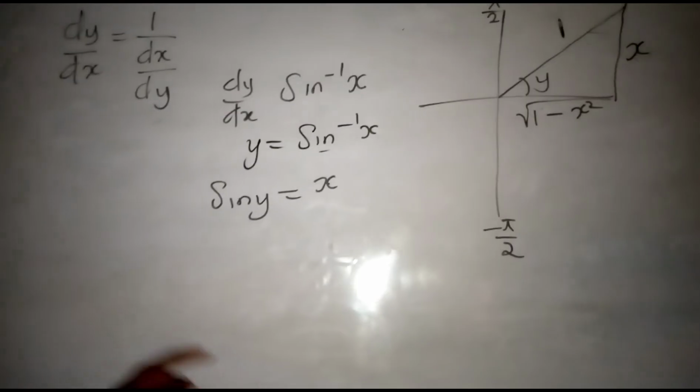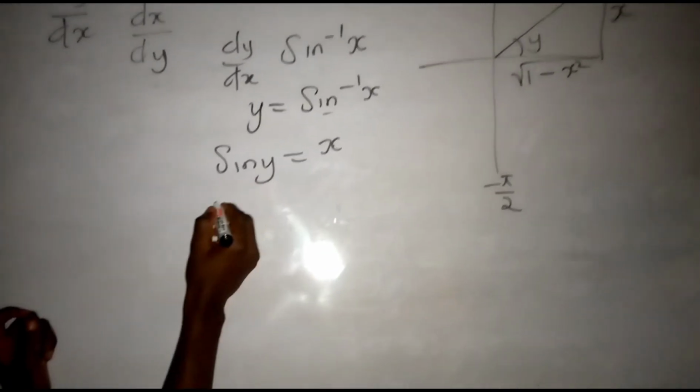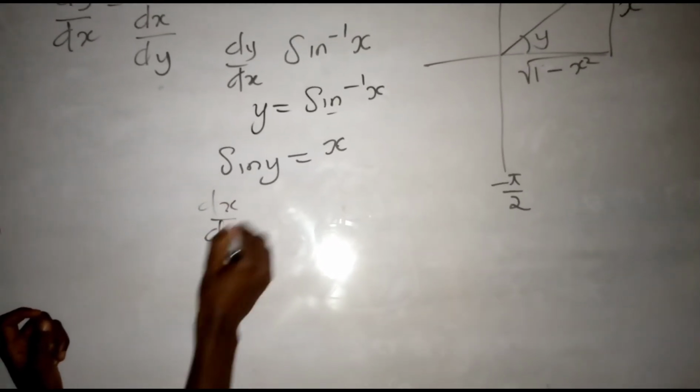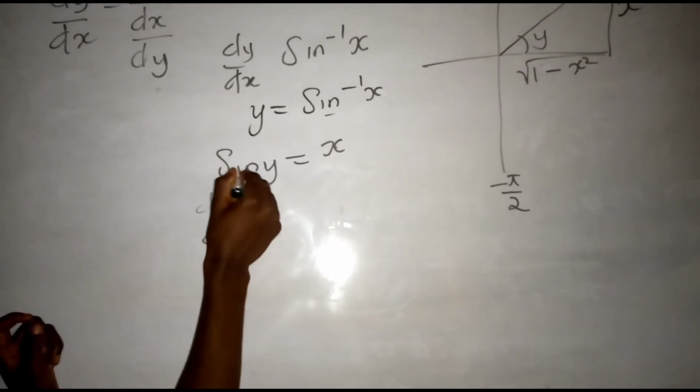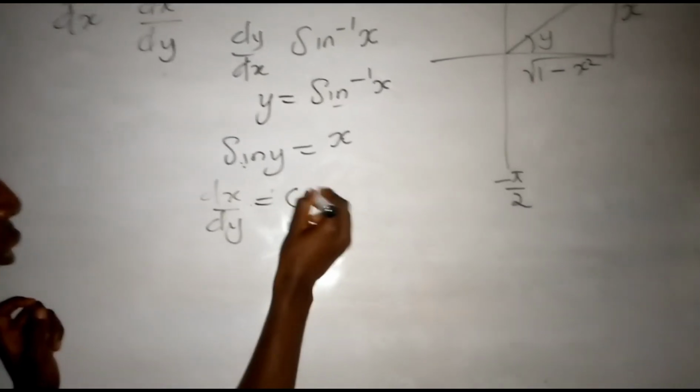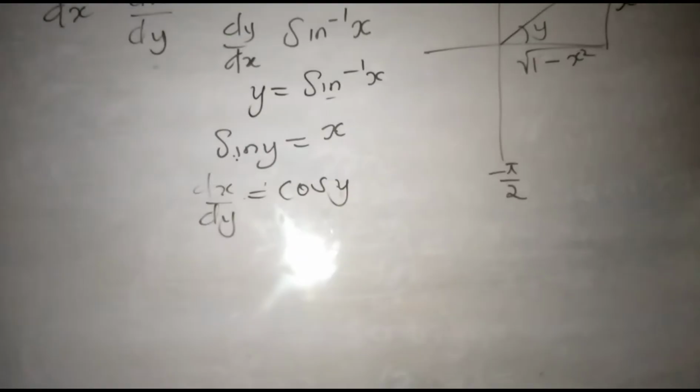Now the next thing we have to do is to differentiate this, that is dx over dy of this function. The derivative of sine is cosine, so dx over dy is equal to cos y.